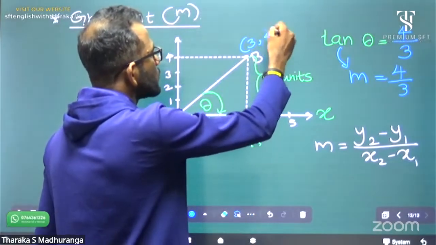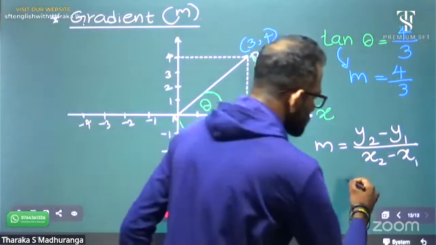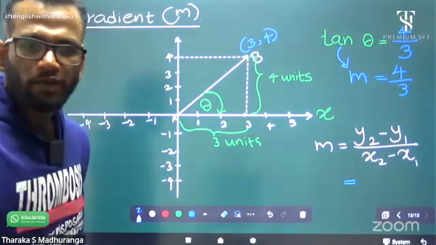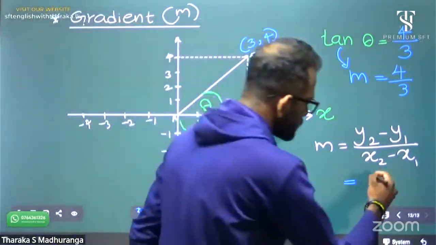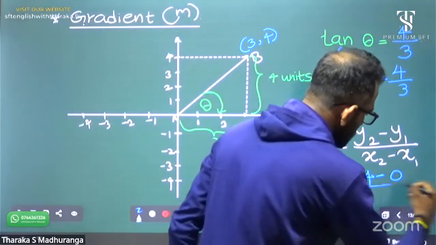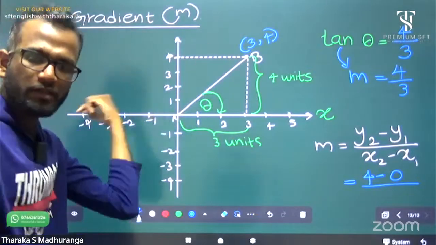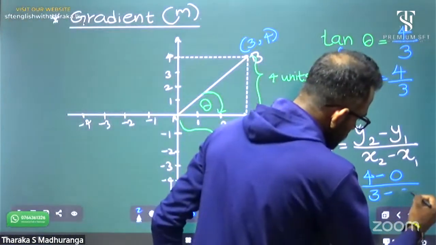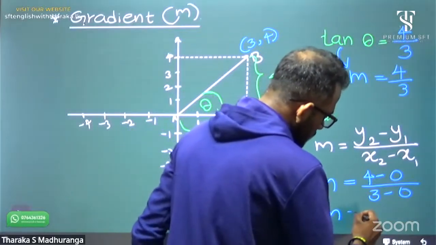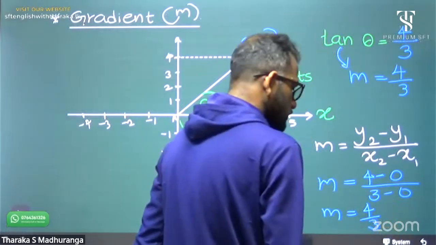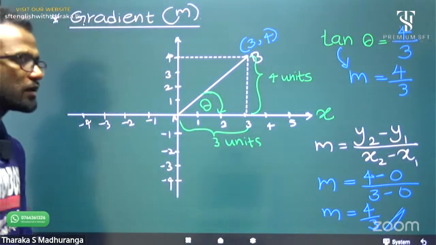Then let's put them in. y2 minus y1 means 4 minus 0. x2 minus x1 is 3 minus 0. It is working, right? The gradient equals 4 minus 0, 4, over 3 minus 0, 3. 4 over 3.